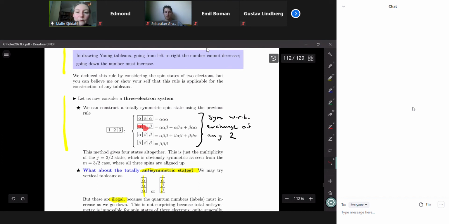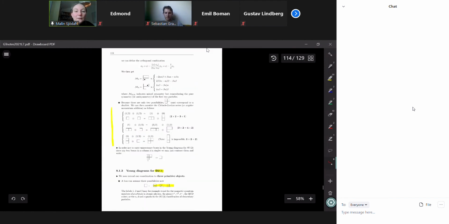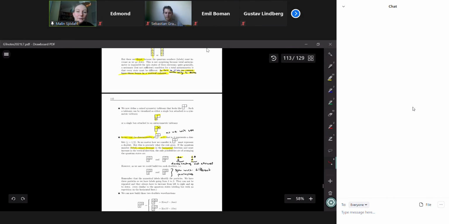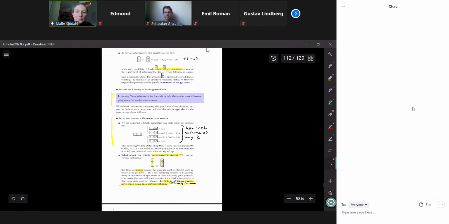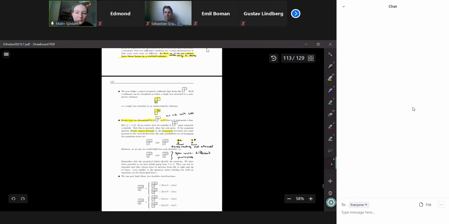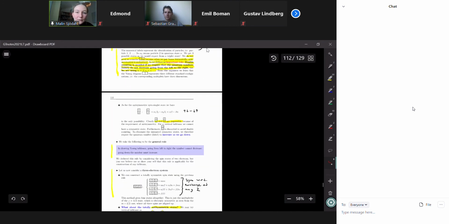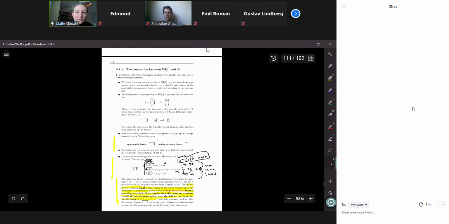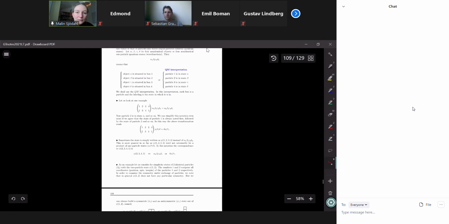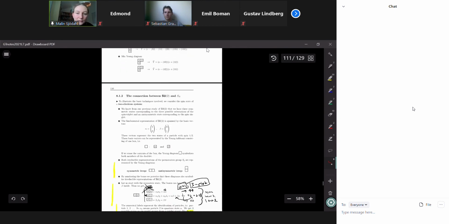We can have two particles in the same state alpha and the third one in another state beta, and then we symmetrize that state. Or we can have that one is in alpha and two is in beta and symmetrize that state, or all particles can be in the same state.